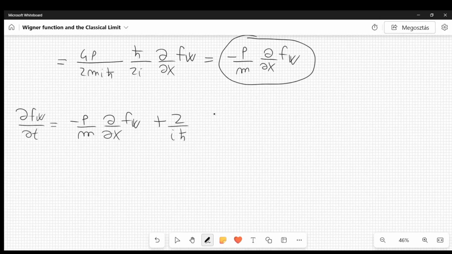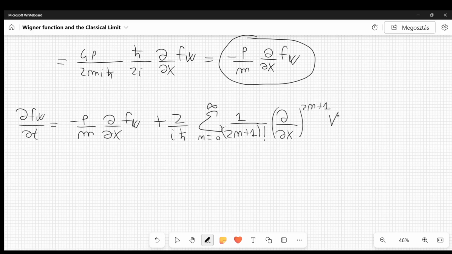So we have the following. We have summation over n from 0 to infinity, 1 over 2n plus 1 factorial. Then we have the partial derivative with respect to x of 2n plus 1, v of x.